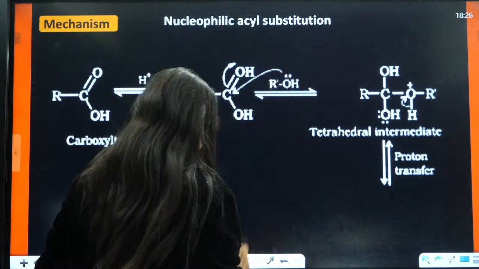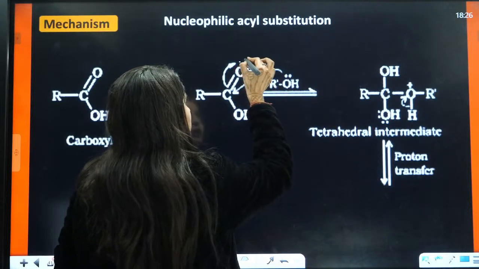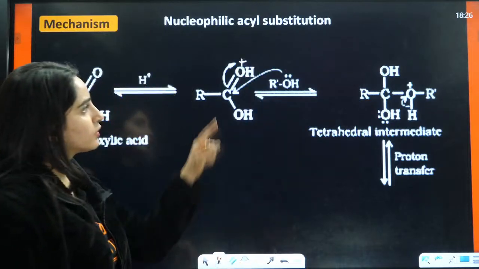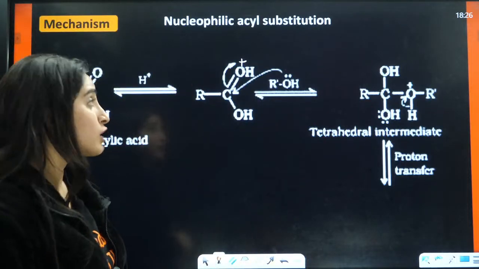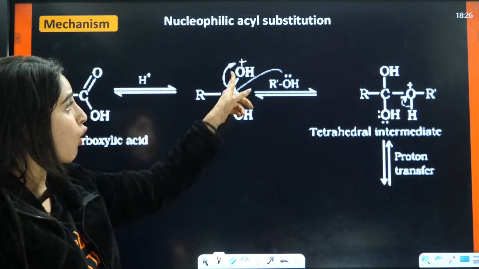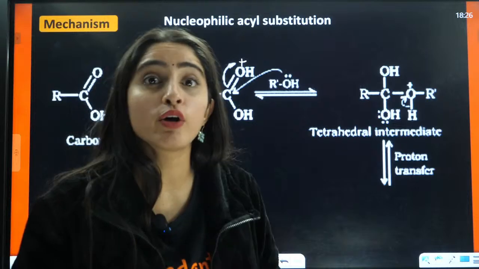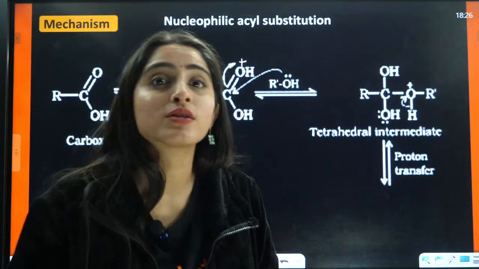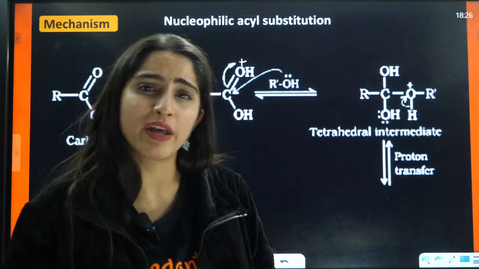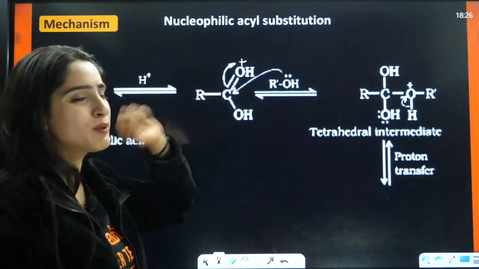The positive will be on the oxygen, right? Now we know that this oxygen positive is not so stable. Oxygen is an electronegative element. It cannot handle a positive charge. It can handle a negative charge very easily, but it is not able to handle a positive charge.